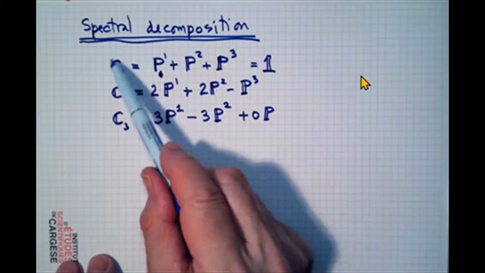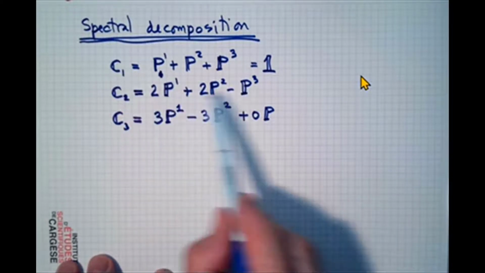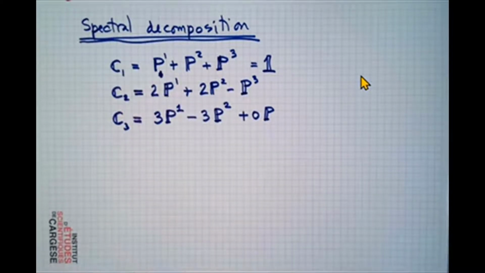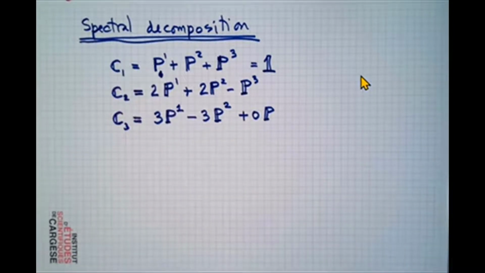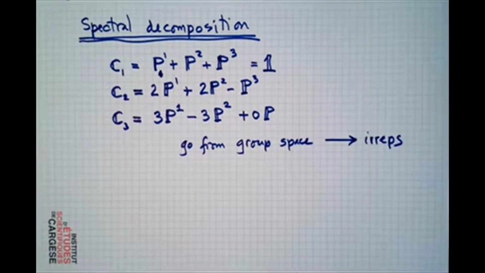So I can go from classes to irreducible as idempotent using their eigenvalues. So this is a conversion from class space. Instead of using characters, we've used projection operators or characteristic equation and obtained the same result.